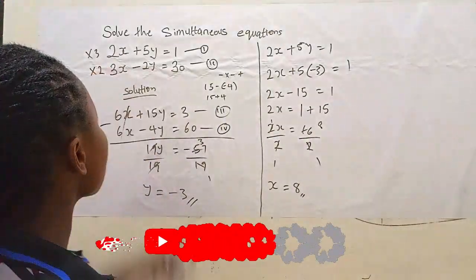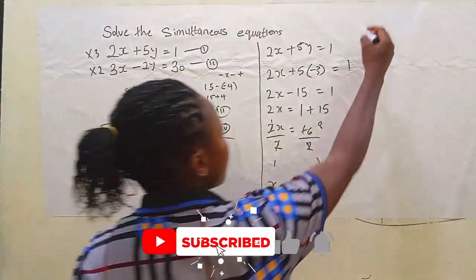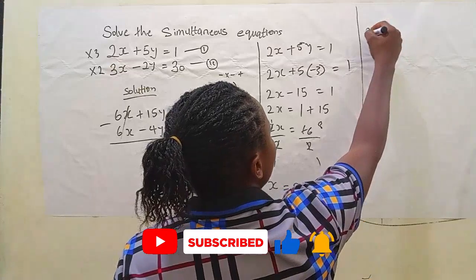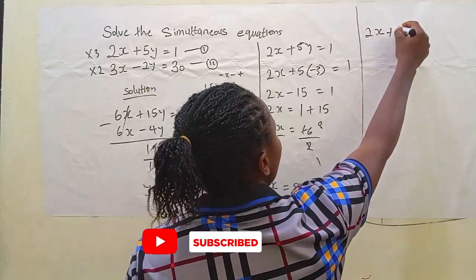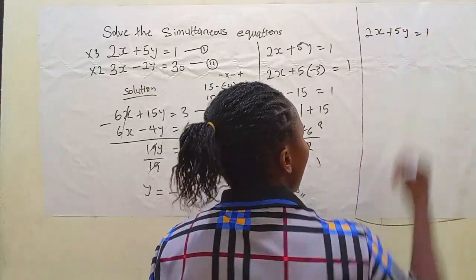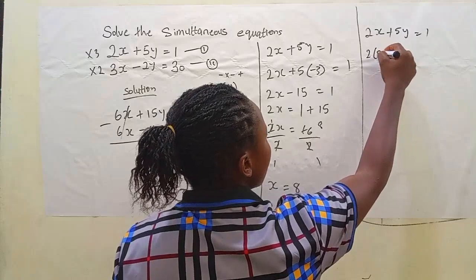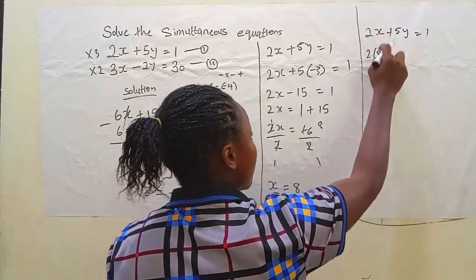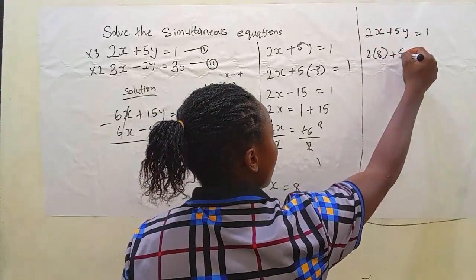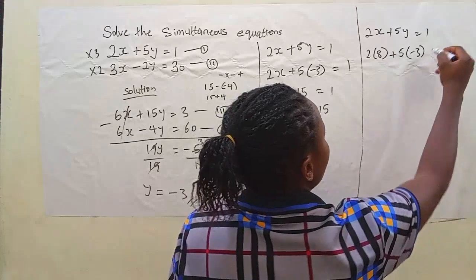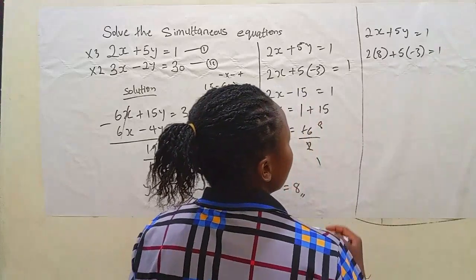So let's substitute it in equation 1. Our equation 1 still remains 2x plus 5y equals to 1. Substituting, for x we have 8, and for y we have minus 3, equals to 1.